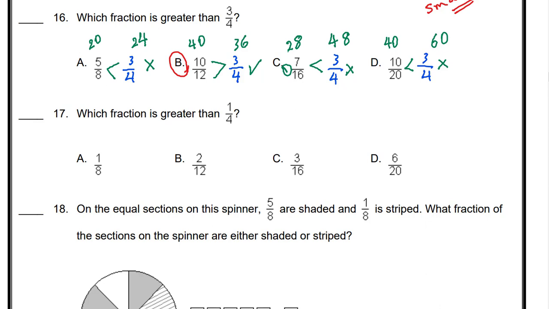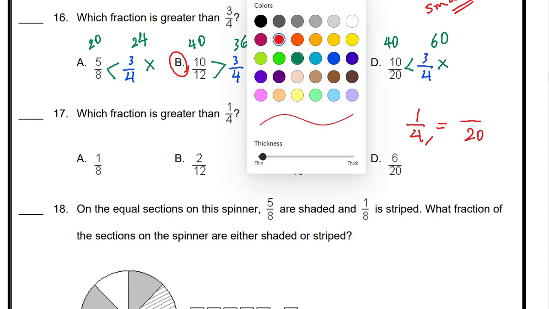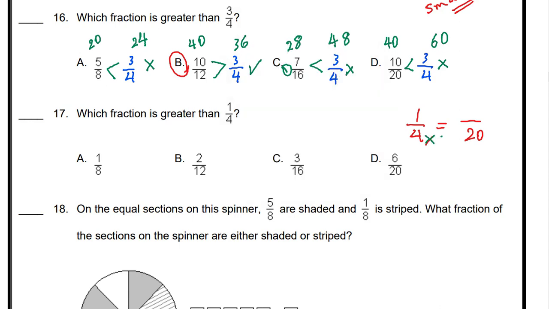Oh, I understand what you mean. You mean that you will make 1/4 with denominator 20. That's what you are doing, right? Yes. So you multiplied by 5, and you will also multiply the 1 by the same number. It will be 5/20. That's why you say that 6/20 is greater.